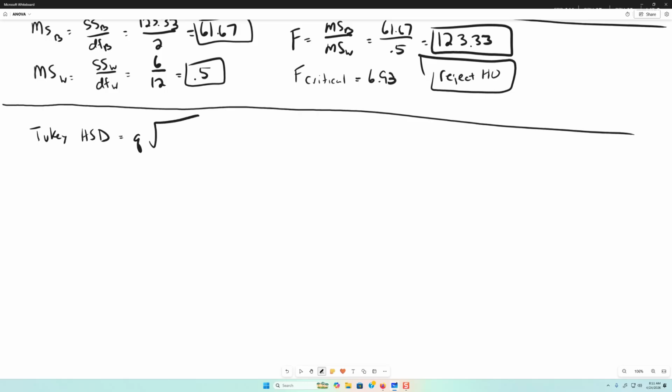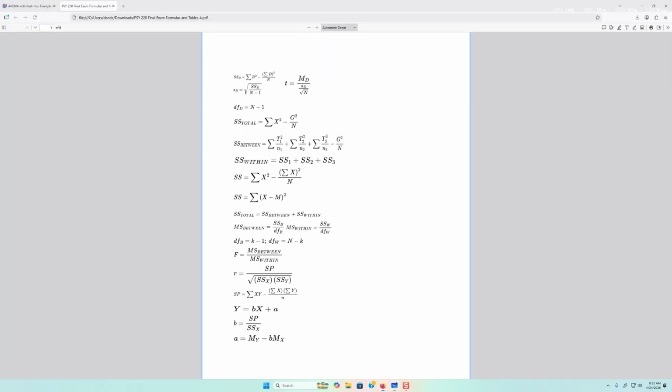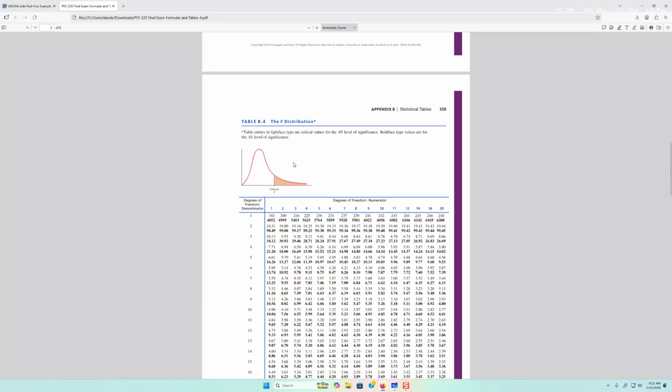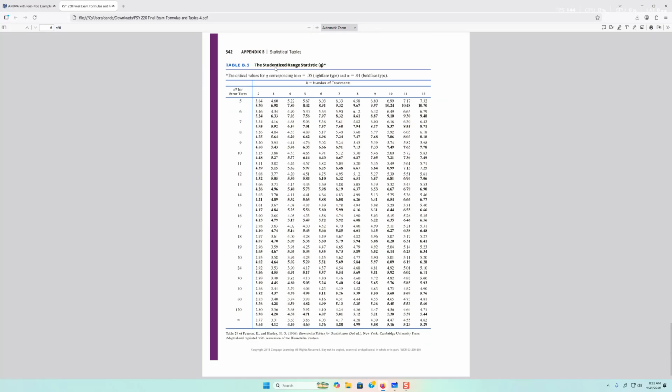it's Q times the square root of the MS within over the sample size of each group. So Q, we have three groups, and we have 12 degrees of freedom within. So we're going to go find that in the Q table, table B5, 3 treatments, 12 within, and we're using 0.01.